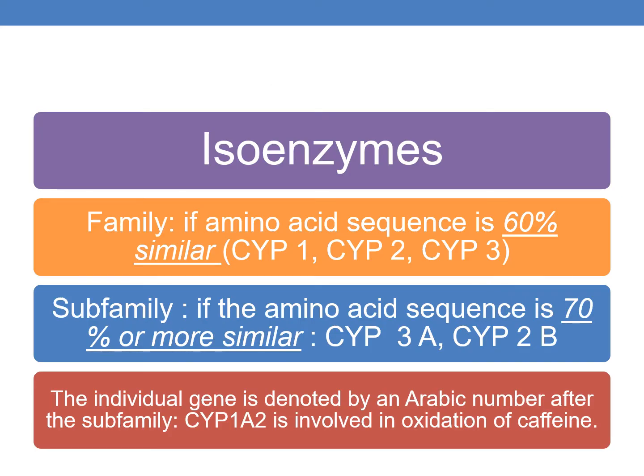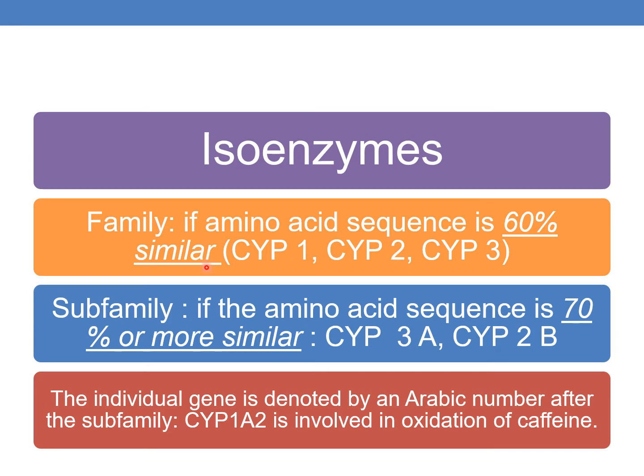Now coming to the classification of isoenzymes, as we have discussed, isoenzymes are subcategorized based on their similarity of amino acid sequence. The isoenzymes are grouped under one family if the amino acid sequence is 60% similar.